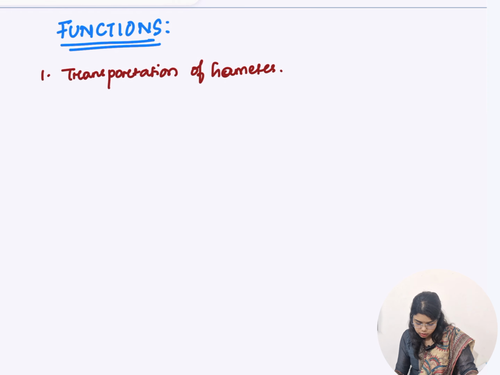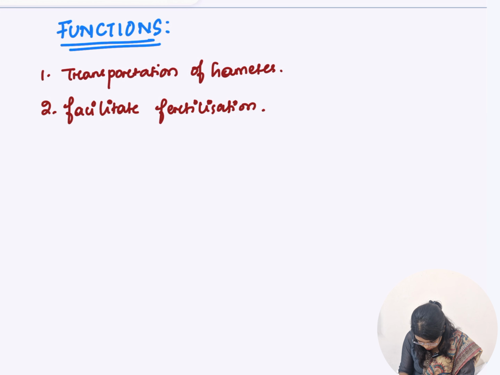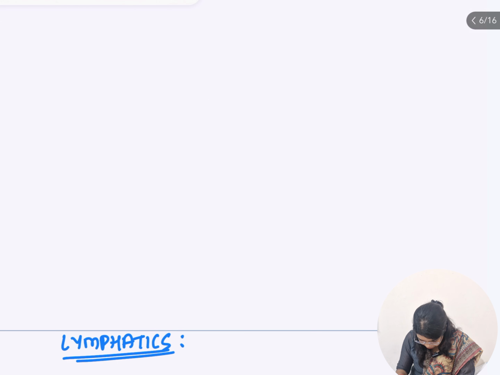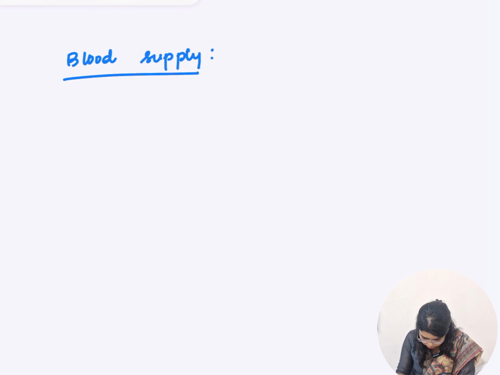And second, it facilitates fertilization. Then what is the blood supply? The blood supply of the fallopian tube is a dual supply.